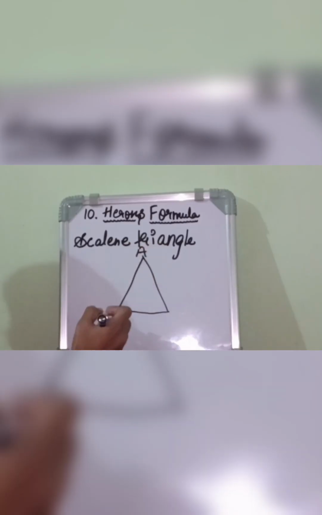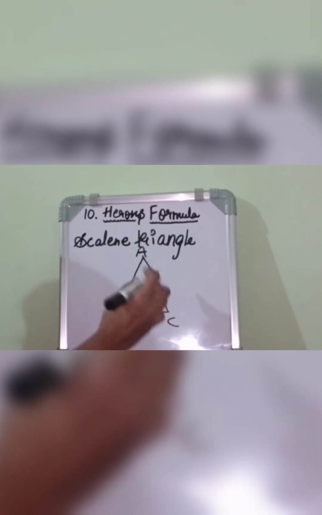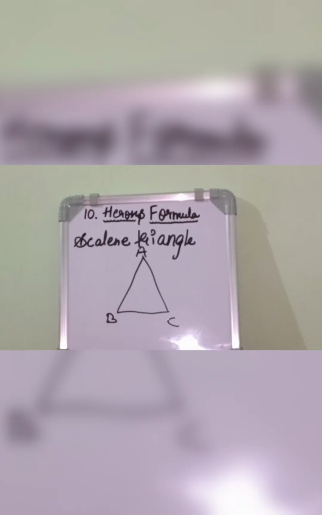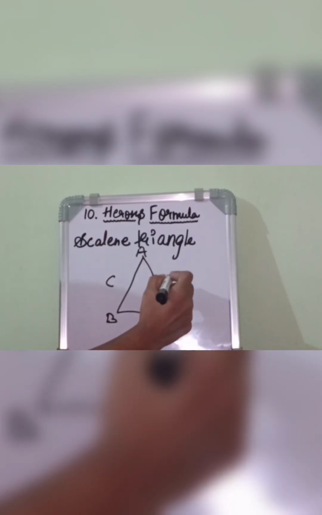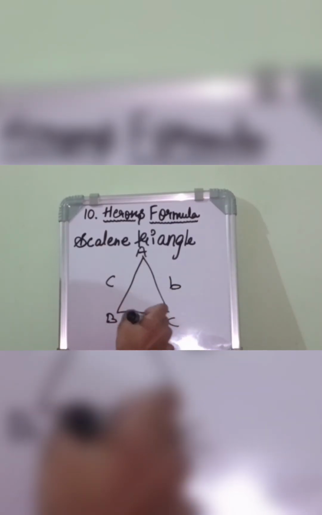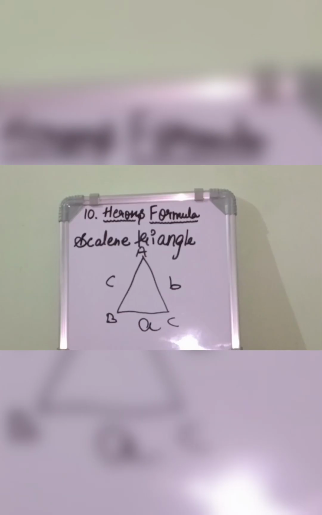This is a triangle ABC with sides a, b, c, and all these three sides are unequal. Now we have to find the semi-perimeter of these sides. Perimeter is equal to a plus b plus c.